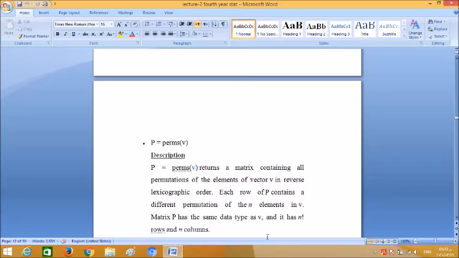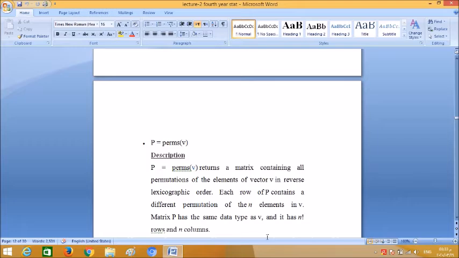So perms will give you all the permutations in the form of a matrix which contains a number of columns and a number of rows.